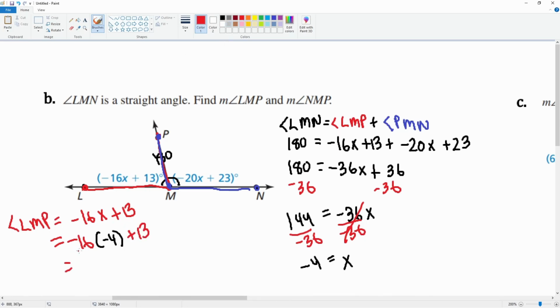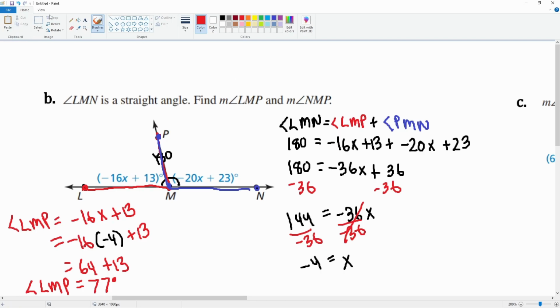Negative 16 times negative 4 gets us a positive 64, plus 13. 64 plus 13 is 77. Angle LMP is equal to 77 degrees.